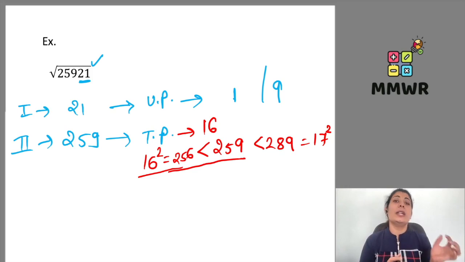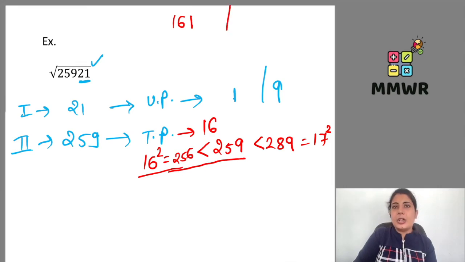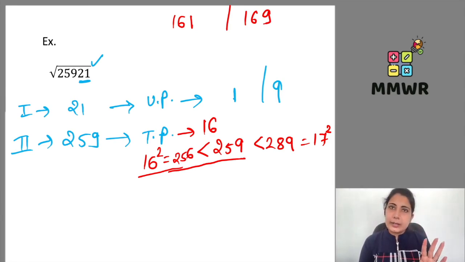As I said before also, at the tens position we may have more than one digit number because we are not making different groups. We are keeping all the rest of the digits in one group. So 16 will come at the rest of the part of the number. That means the possibility can be 161 or 169. So the square root of 25,921 will be either 161 or 169.